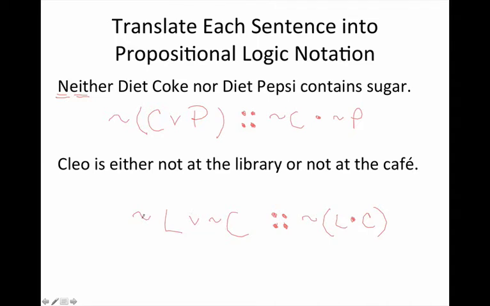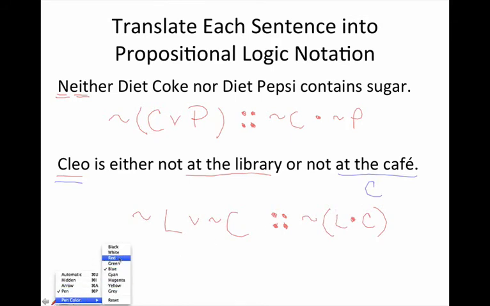We don't know which one she's not at, which is equivalent to saying it's not both the case that she's at the library and at the cafe. So remember, we've got Cleo at the library, Cleo at the cafe, right? Those are our two simple sentences. So we have cafe and library. Then we have our connectives.